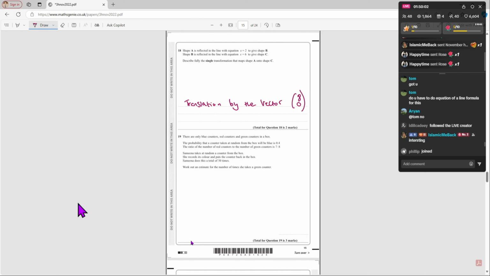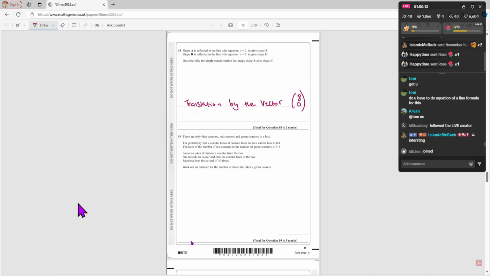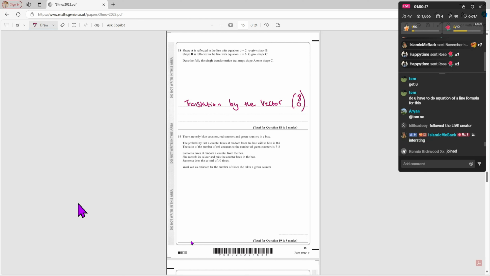So Samina takes at random a counter from the box. She records its color and puts the counter back in the box. Samina did this a total of 50 times. Work out an estimate for the number of times she takes a green counter.